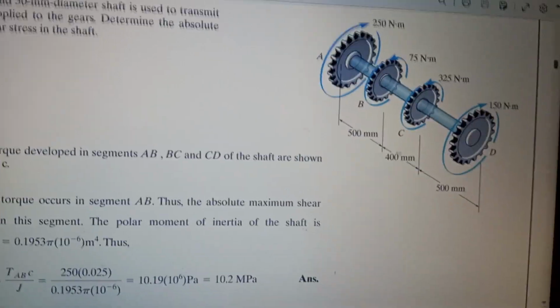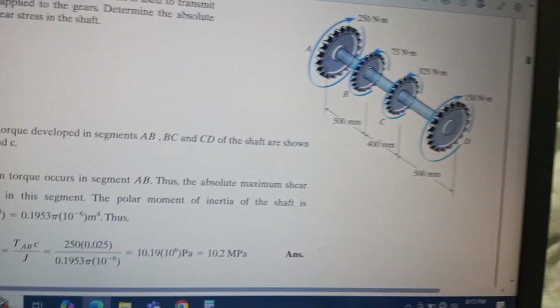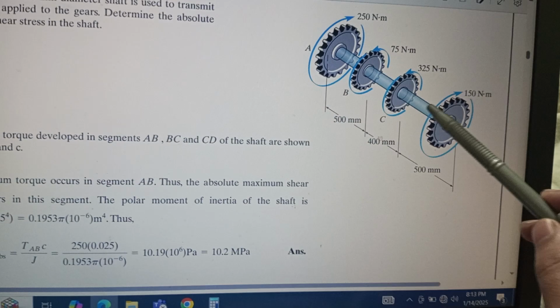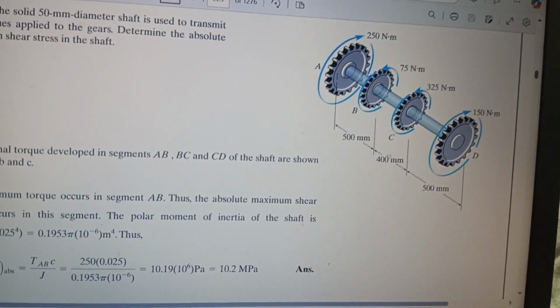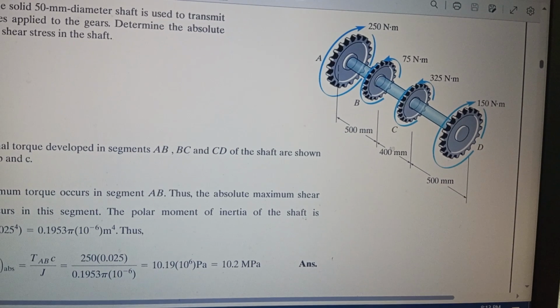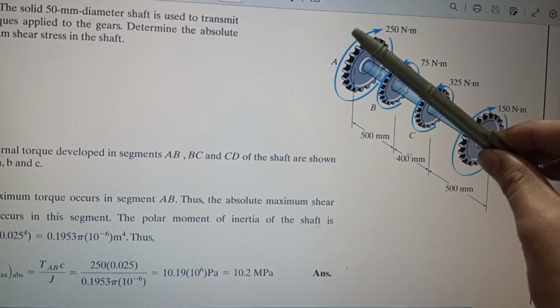Here you see the diagram. There are two methods to get it. One method is sectioning, but my teacher uses another method.